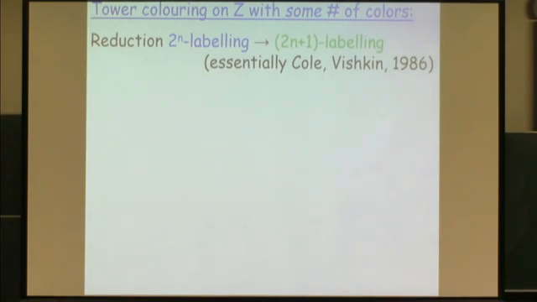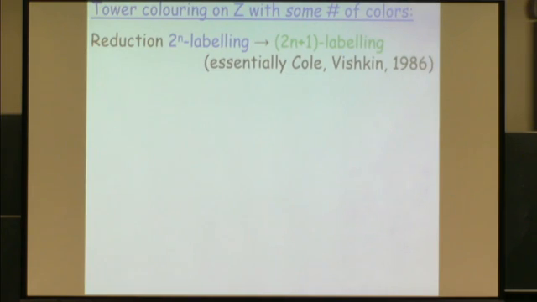Okay, what about this other side of the picture? So I claimed that with 4 colors you could do spectacularly well. You can get these colorings with tower function coding radius, and here is the basic idea behind this.